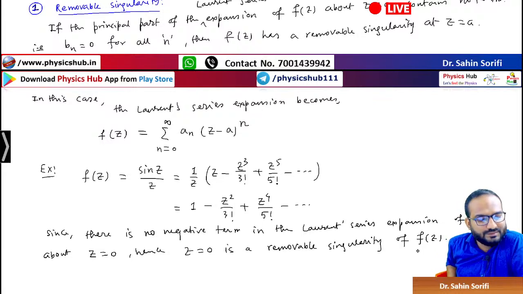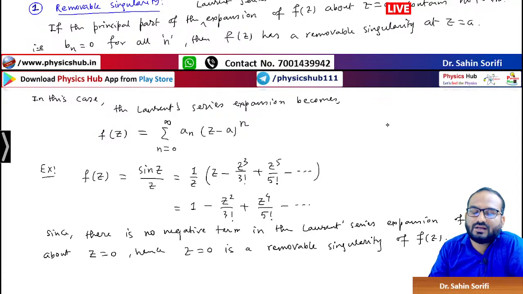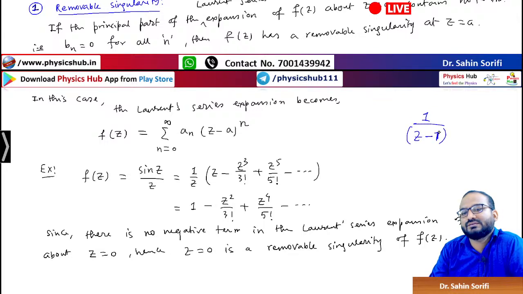Now for pole, if you remember, you have done it already, maybe knowingly or unknowingly: 1 by z minus 1, let's say. So it is a pole of order 1. So the pole lies at z equals 1, right?